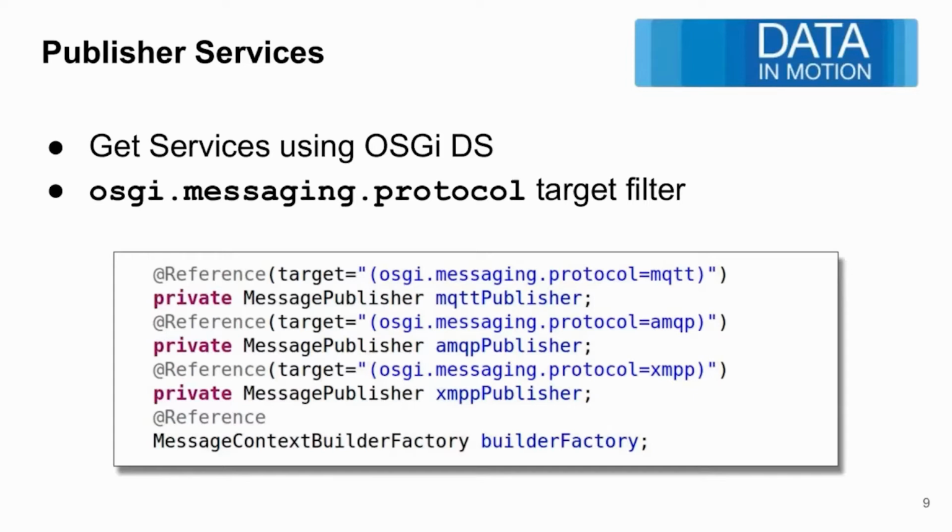You could get message publishers injected, the target bindings at the reference annotation bind the wanted protocol to the corresponding instance. So we see a protocol specific and vendor agnostic injection. By just extending the target filter, this would allow you to be more specific about the service you want.